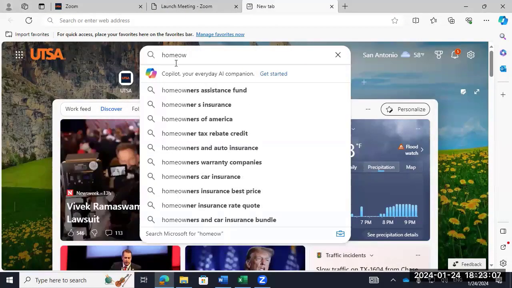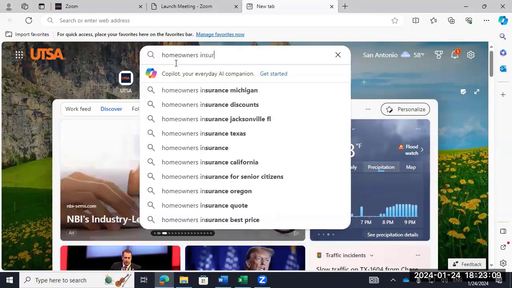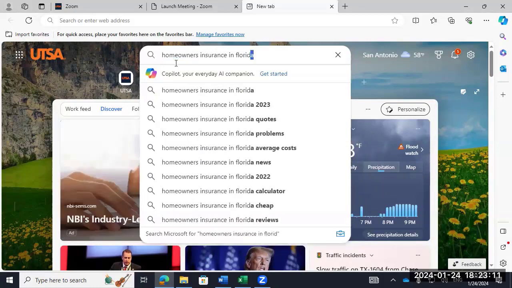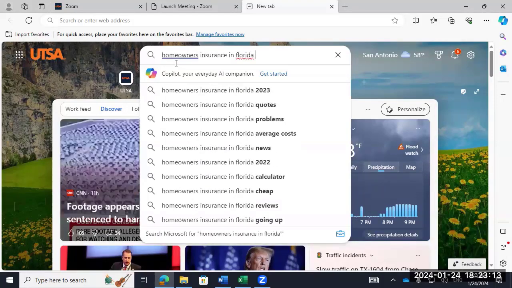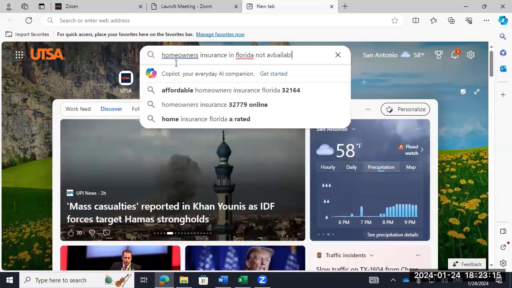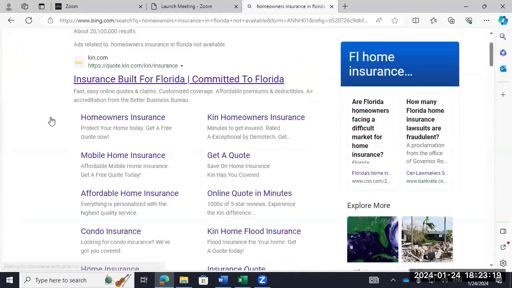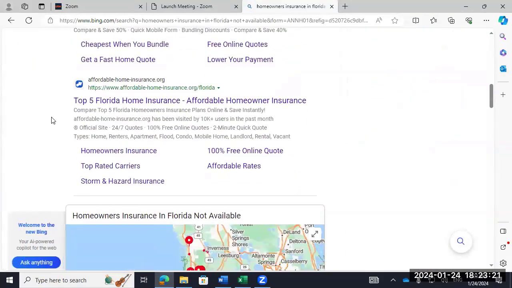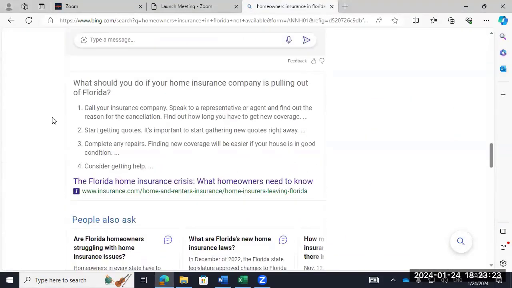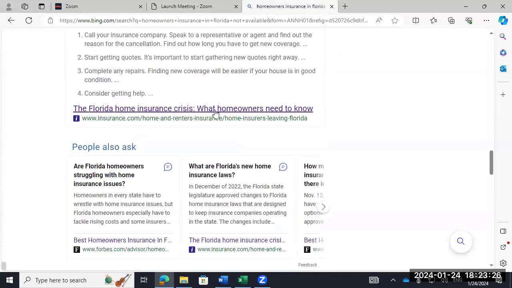Homeowners insurance in Florida, not available. You'll probably find the Florida home insurance crisis, what homeowners need to know.